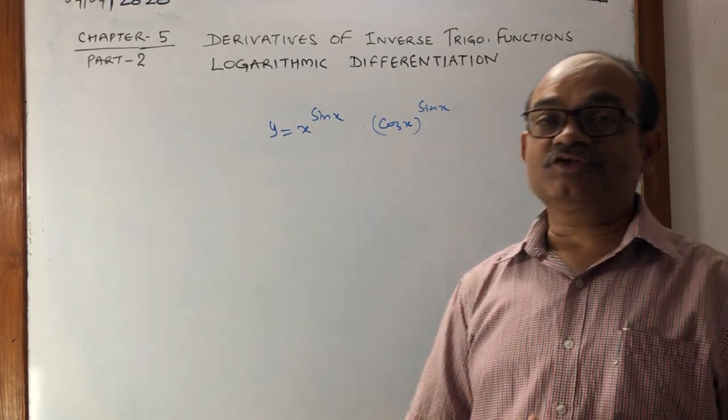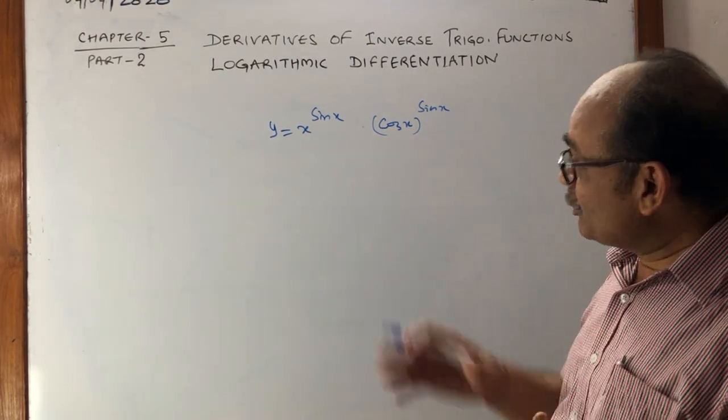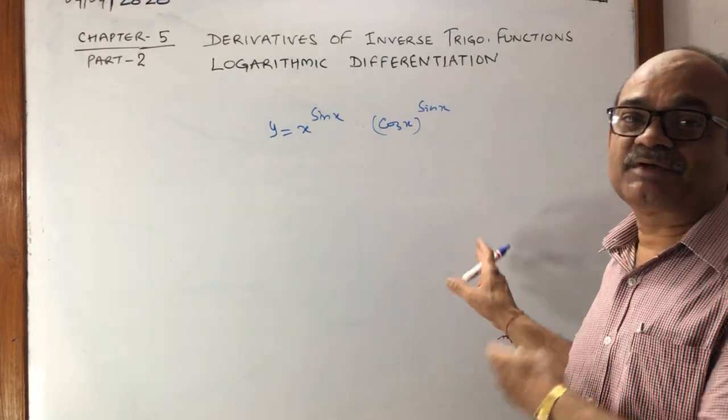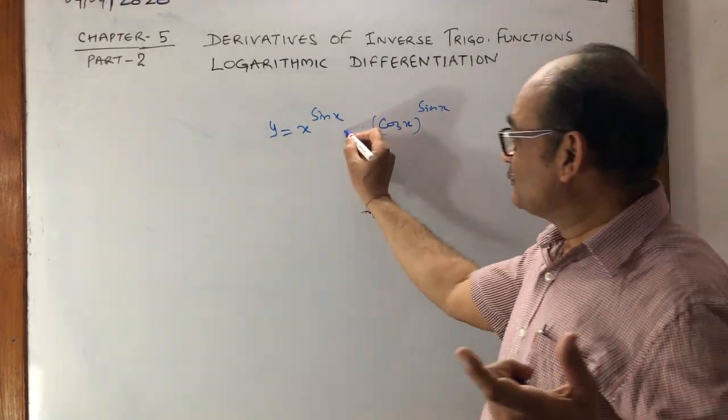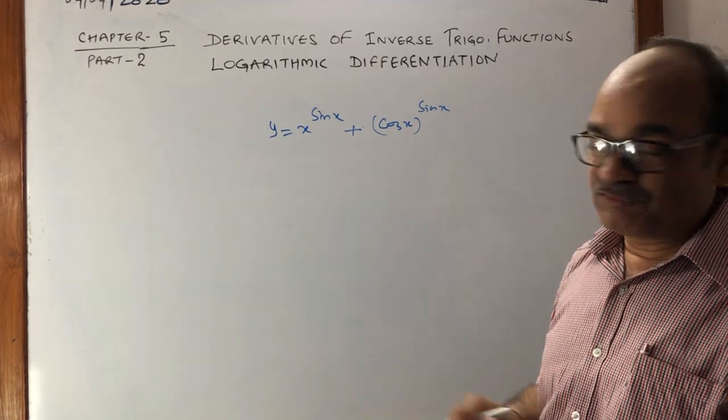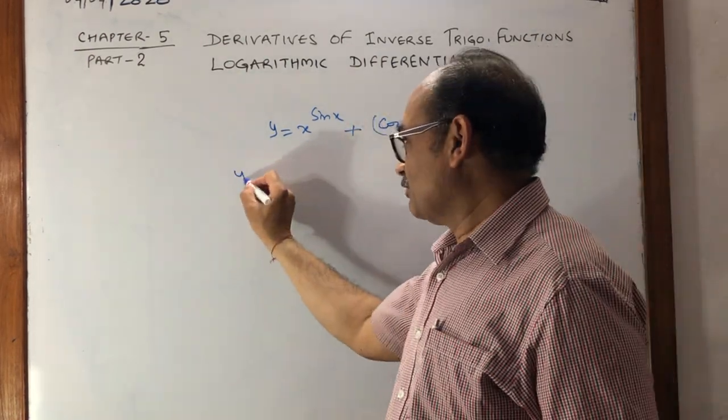But an alternate method for the competitive exams: if we want to solve directly, we'll use the last property of the log. Somebody who wants to use that property without taking u and v, then we can solve, no problem.